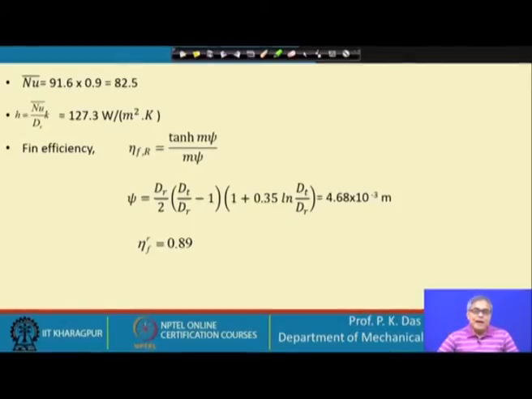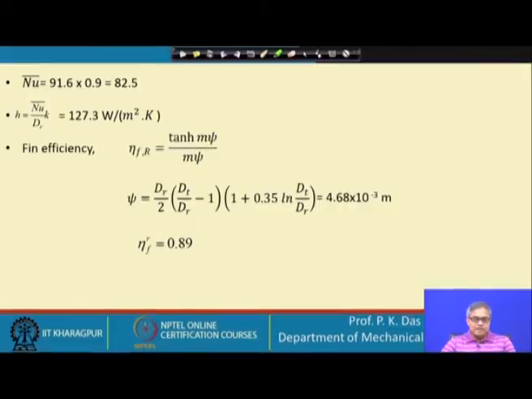One does not have to get this by heart, but 100 up to 150 watt per meter square Kelvin is the heat transfer coefficient for air in forced convection. At least this much one can remember, and this kind of gut feeling of a number is very important when we are designing certain heat transfer equipment.